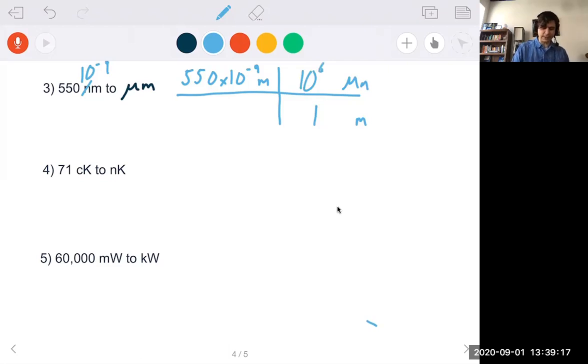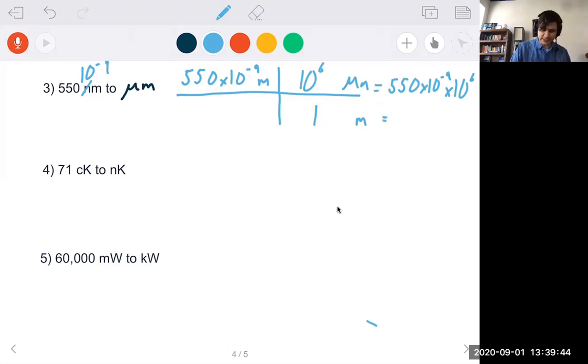Multiply across the top, divide by what's on the bottom. So this would be 550 times 10 to the minus 9 times 10 to the 6th. Oops, that's not erase. I was erasing my other program. And what does that equal?